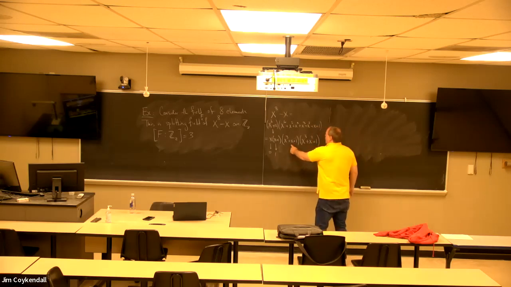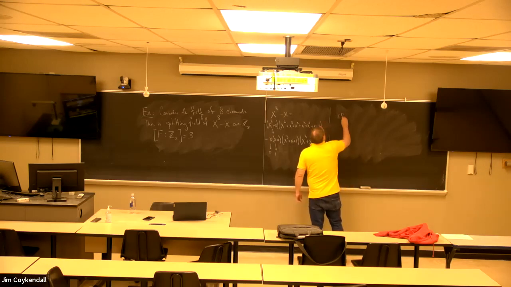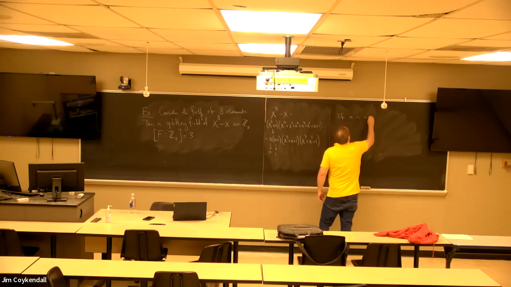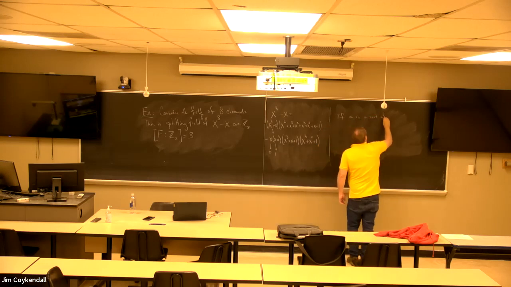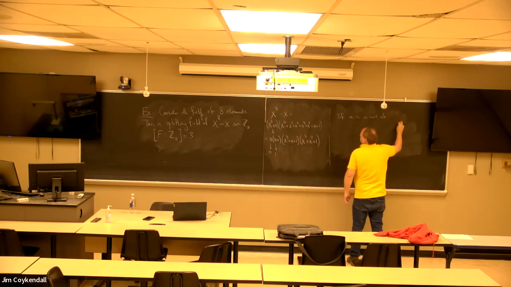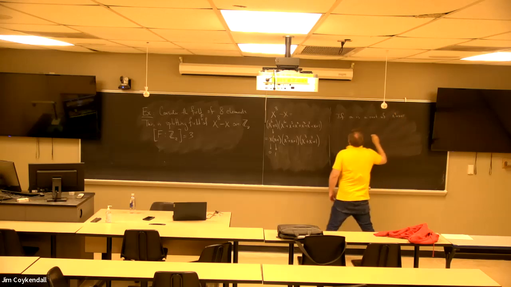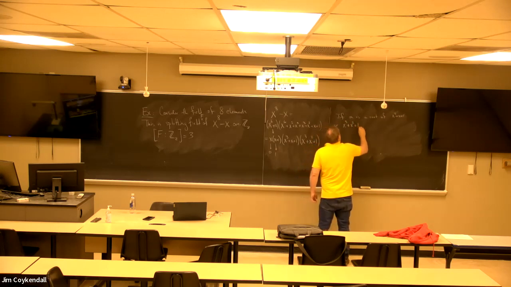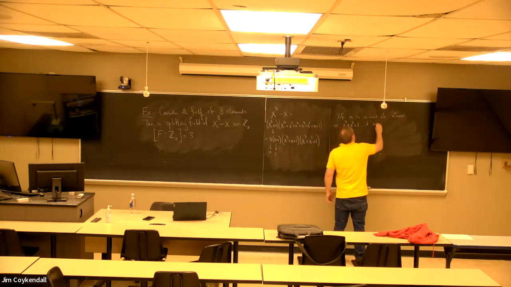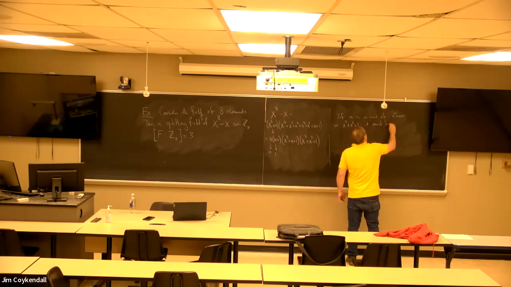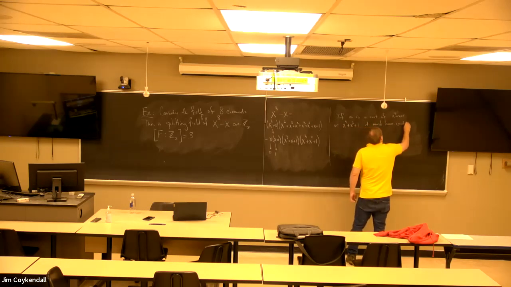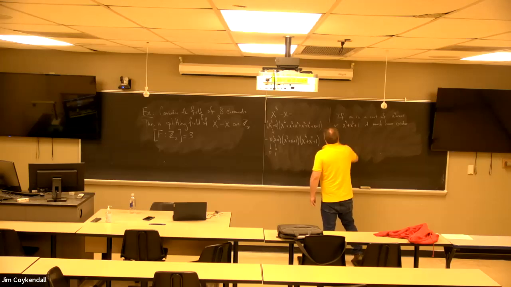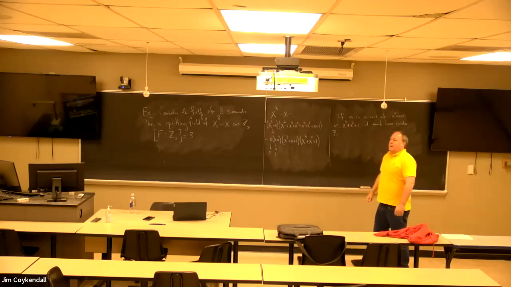Any root of either this or this has order 7. So if alpha is a root of this, let's go with 7.